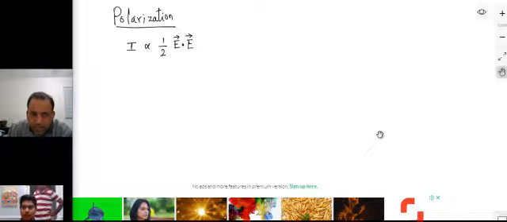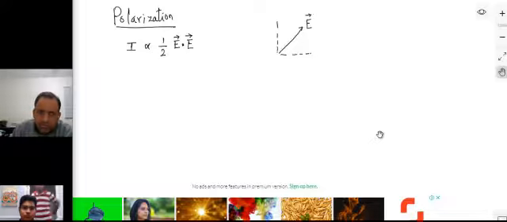Great. And the electric field is a vector. But in some plane, like if the electric field is in a plane, the property of a vector is that if you were to project it in a particular direction, let's say this is the X component.